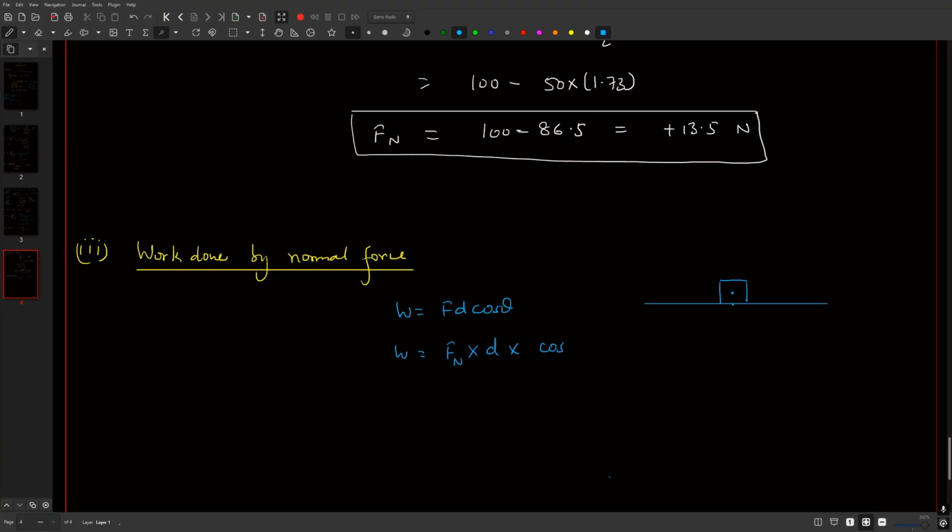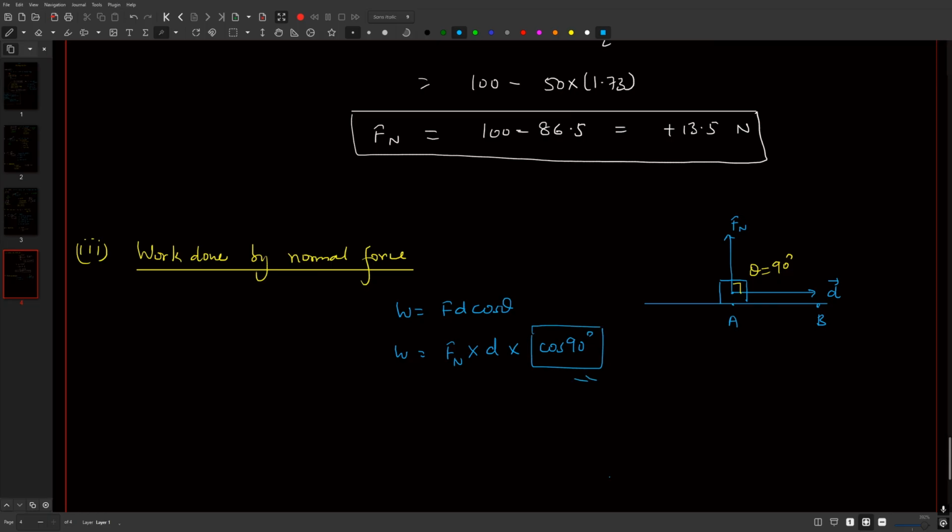Now, if you remember, displacement is horizontal, it is going from A to B. So the direction of displacement is this. Whereas the normal force from the free body diagram is upwards. So the angle between the normal force and the displacement is 90 degrees. And what is cos 90 degrees?